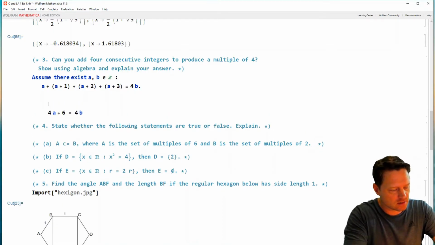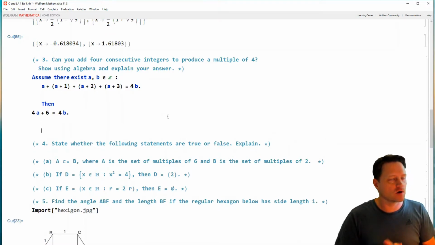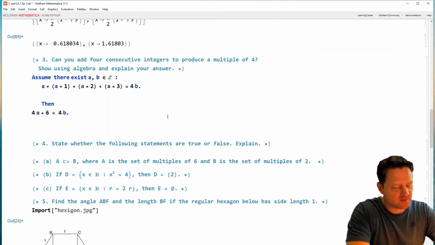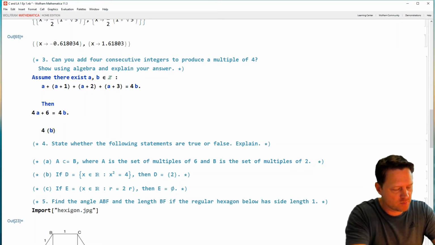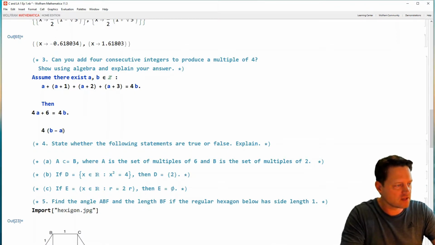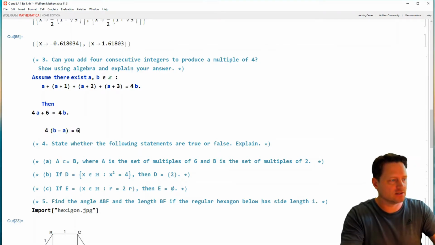Okay, now the next word we would write is then, and then a full stop or a period if you're in the USA. Now let's simplify this algebraically. So then we have 4 bracket b minus a, factorizing the 4 out of the expression, and that's equal to 6, doing the algebra there.